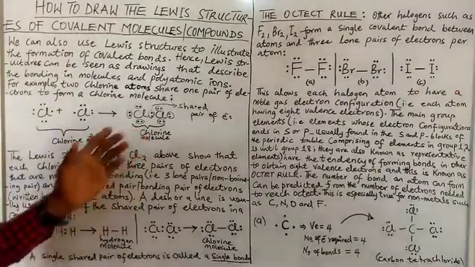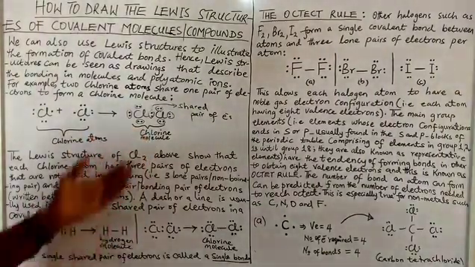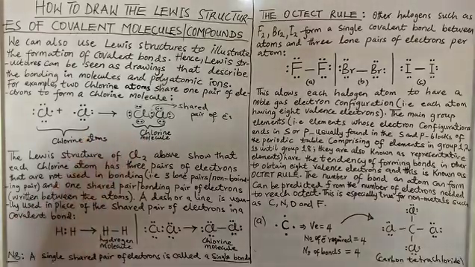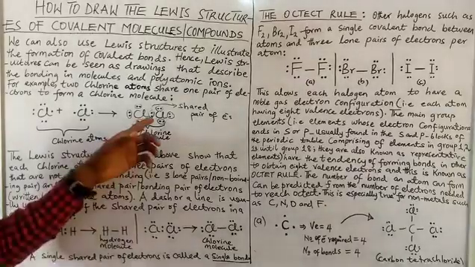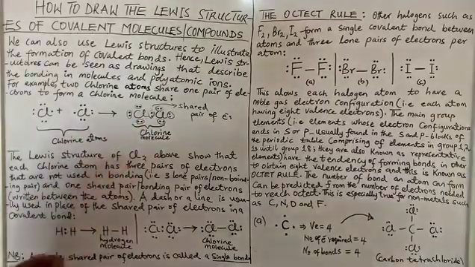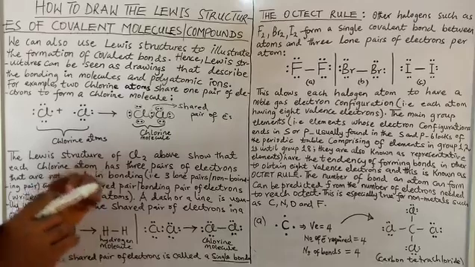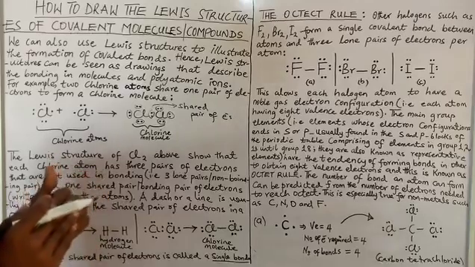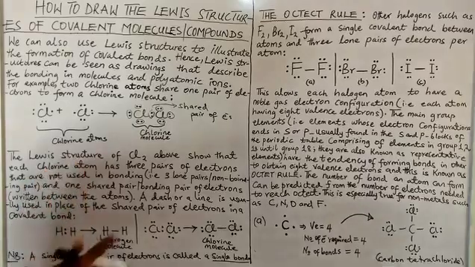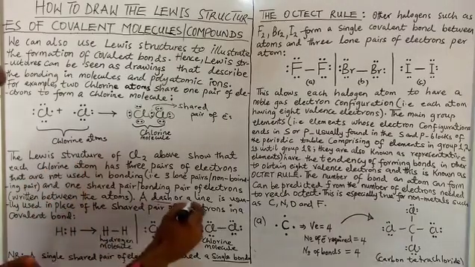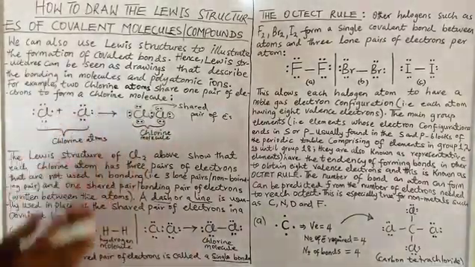So when the Lewis diagram or the Lewis structure of a molecule has been drawn, it is conventional for us to replace the shared pair, the electron pair that was used to make that covalent bond, with a dash or a line to give us a preferred Lewis structure.